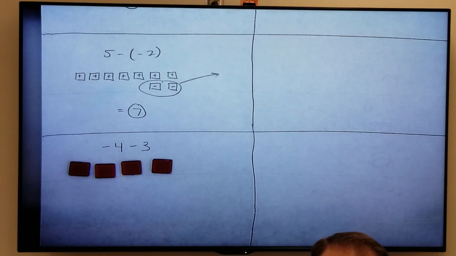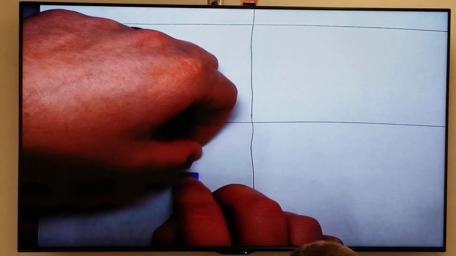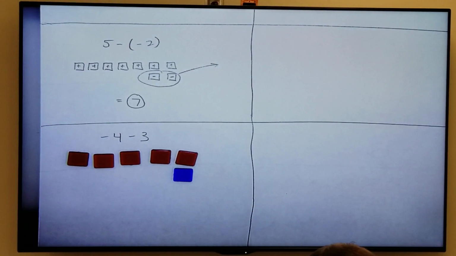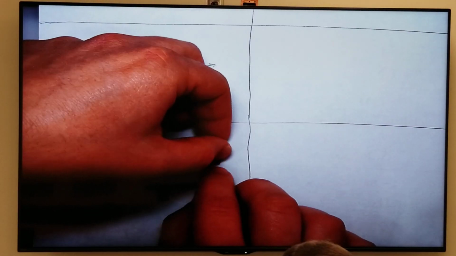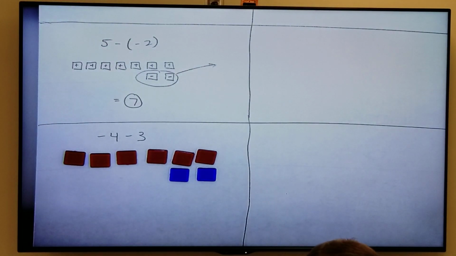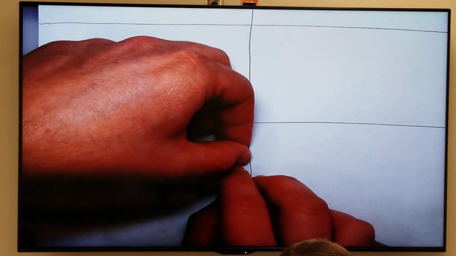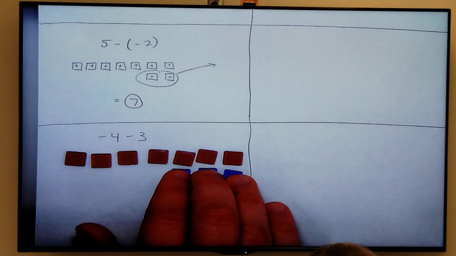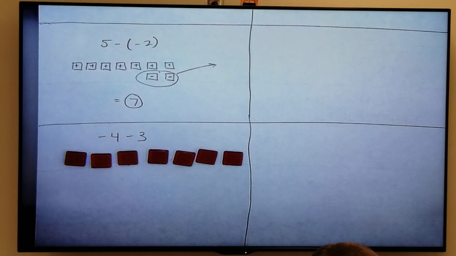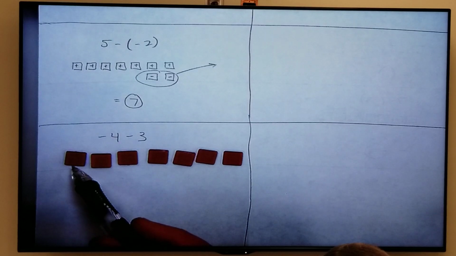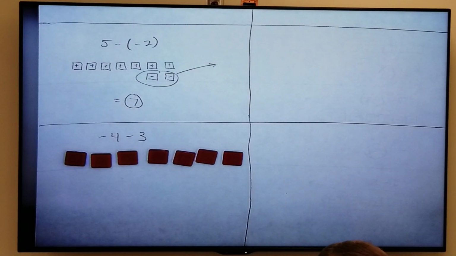I don't have any positive tiles to be able to take away, so I've got to add some 0 pairs. I need to add 3 0 pairs so that I have 3 positive tiles that I can remove. And I'm left with 7 negative tiles. So the answer is negative 7.